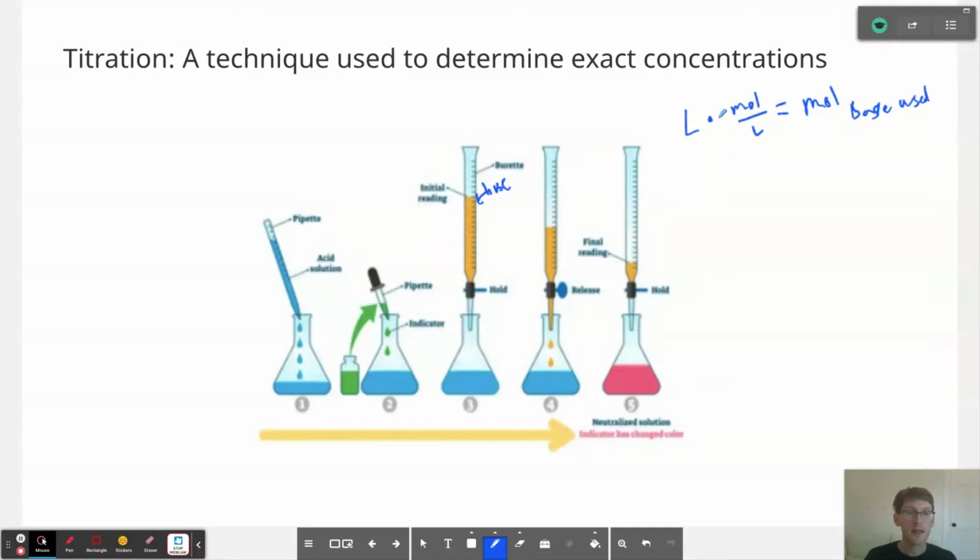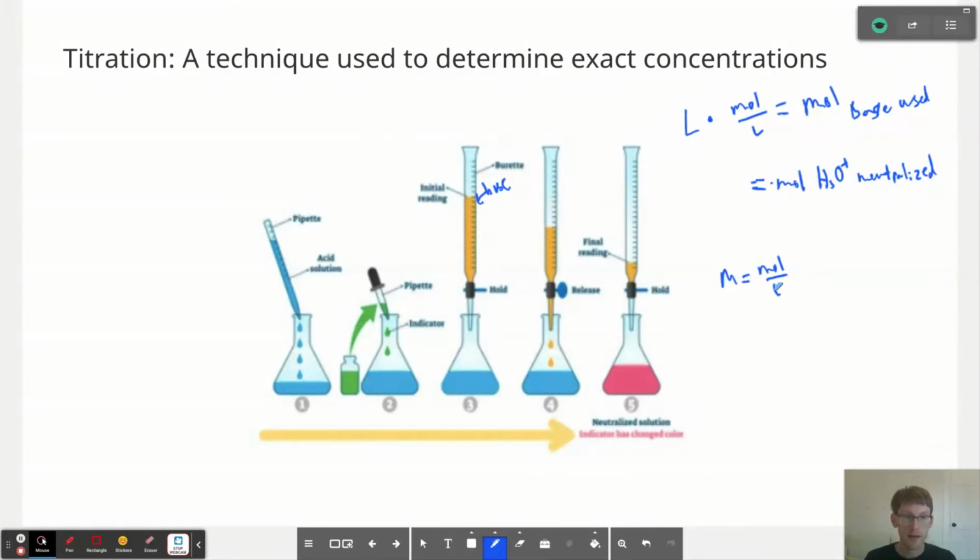And I can say that's equal to the moles of H3O plus neutralized in the flask that was with the unknown concentration. And from there, I can use the definition of molarity. Molarity equals moles per liter.